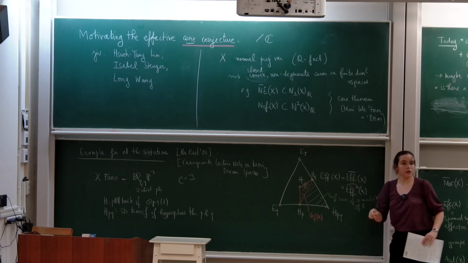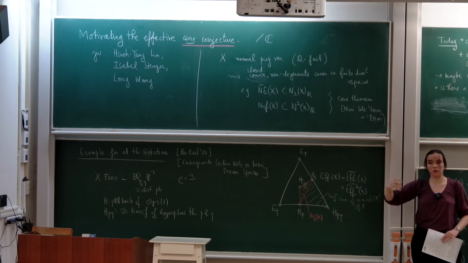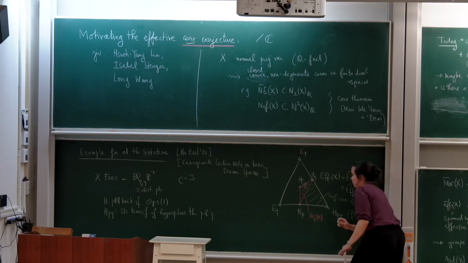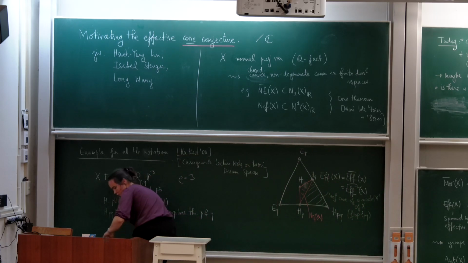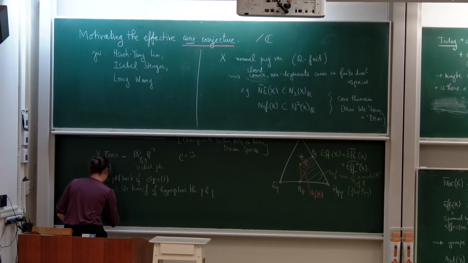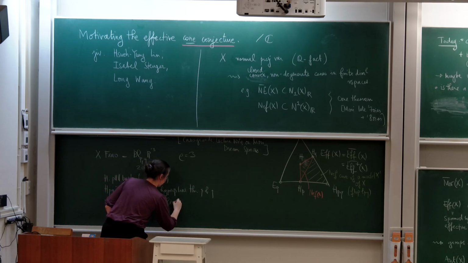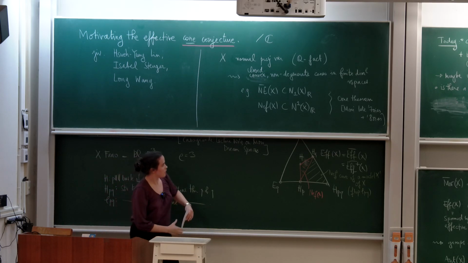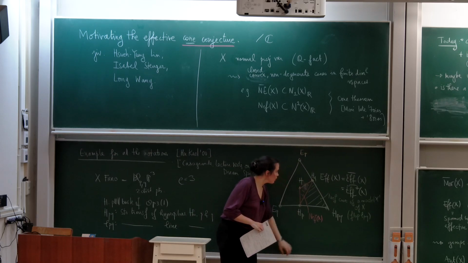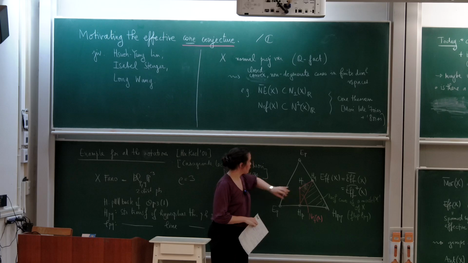Say X prime, you just flop the lines through P and Q. So flop L_PQ. L_PQ is just the strict transform of the lines through P and Q. Right. So now that's the Nef cone of X, and that's the Nef cone of a model. So these two are going to be inside your movable cone.